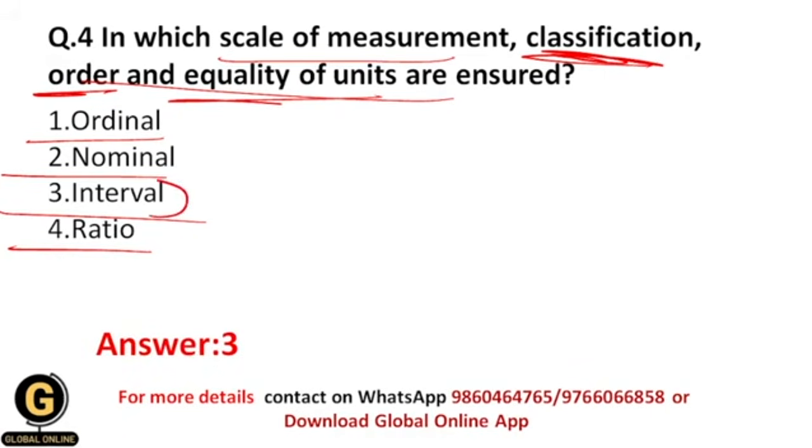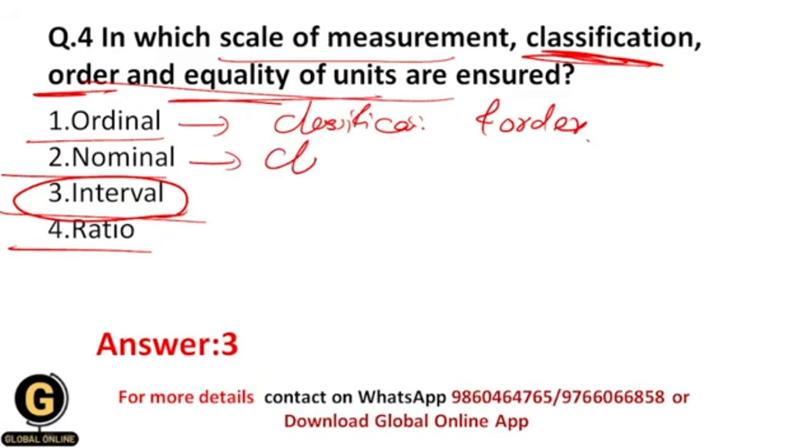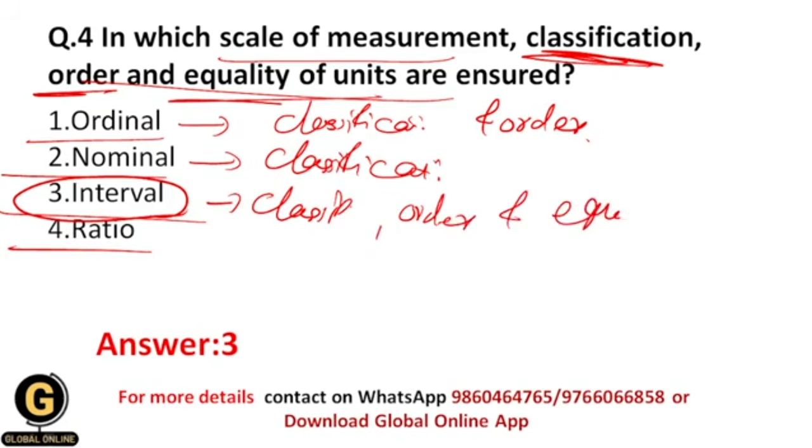As I have told you earlier in this video, ordinal scale includes classification and order, right? Nominal scale includes only classification of the variables. Interval scale includes classification, then order and equal unit, right?